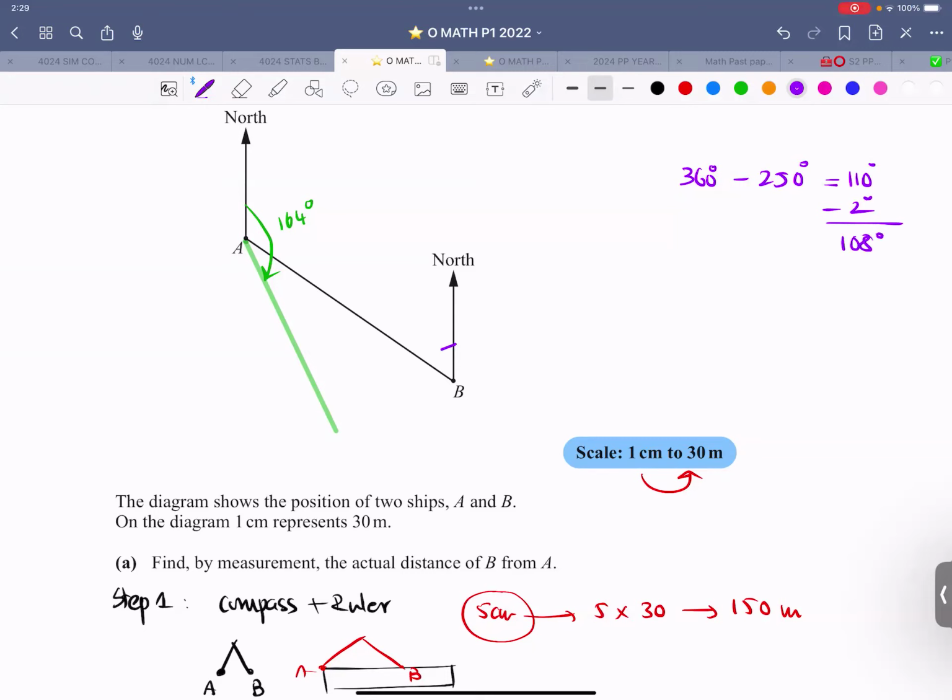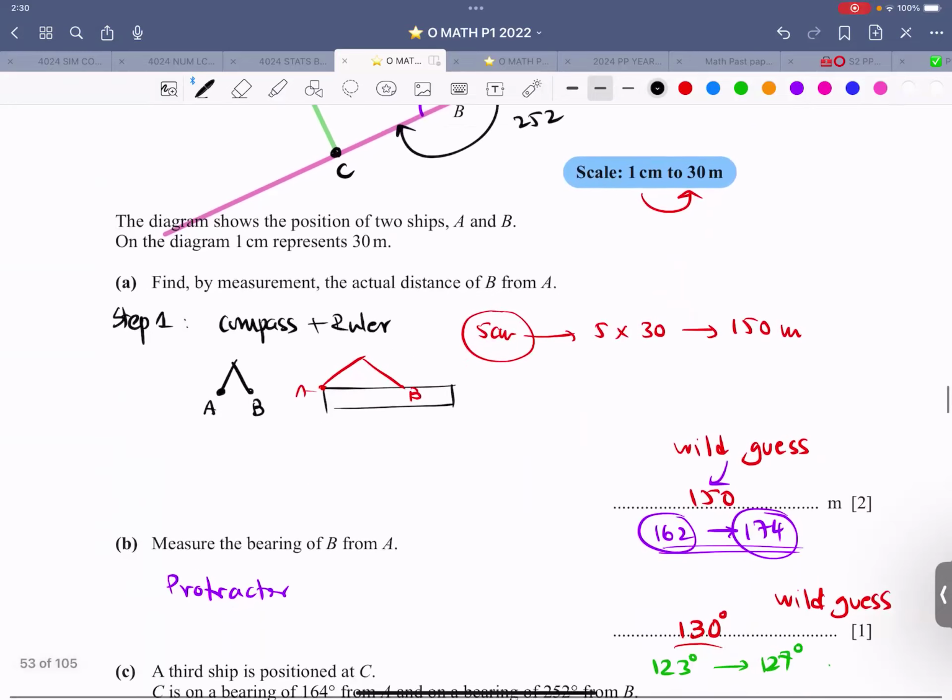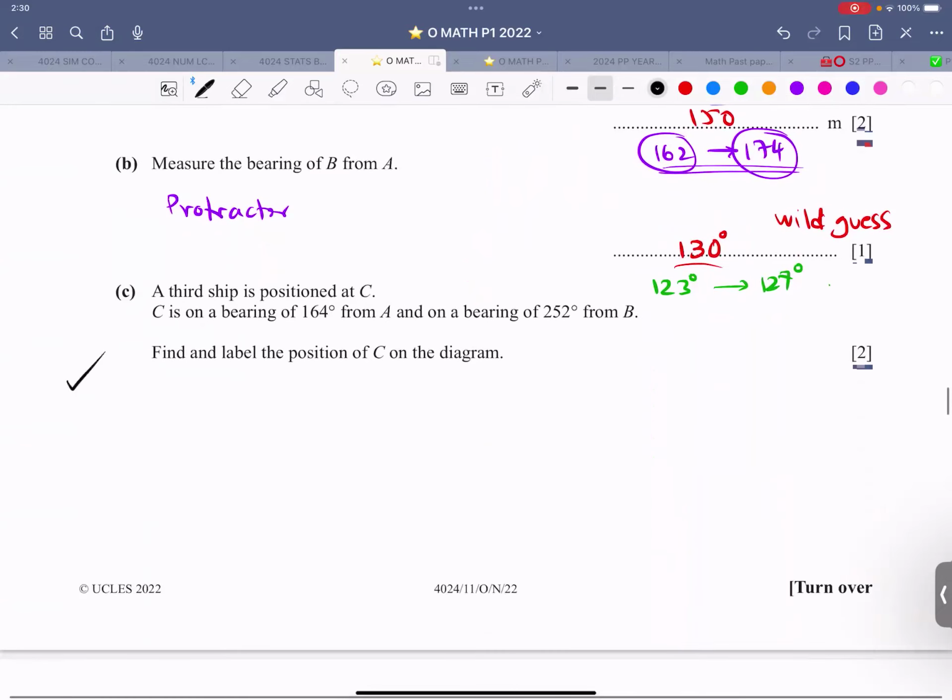That means this angle over here should be 108 degrees. So let me draw this line like this, 108 degrees, something like this. So where the two lines meet, that is where C is. Because this is 108 degrees, therefore this bearing is 252 degrees, this bearing is 164 degrees, it's at the intersection of these two, that is where C is. So again, it's a diagram-based thing.